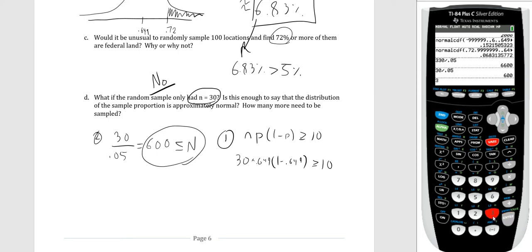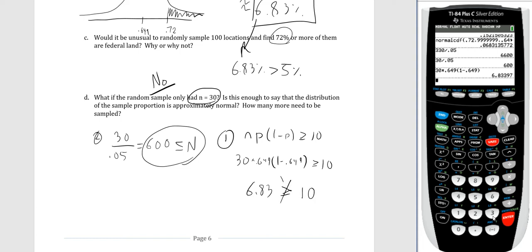If I go over here, do 30 times 0.649 times 1 minus 0.649, what we get is approximately 6.83. That value, unfortunately, does not follow this condition. This is not greater than or equal to 10. So, no. We cannot claim that it's approximately normal.